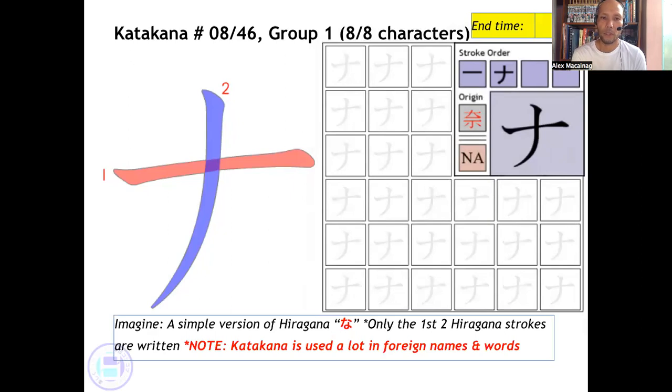This is a simple version of hiragana na. This katakana character corresponds to only the first 2 hiragana strokes of hiragana na. Ne? And again, katakana is used a lot in foreign names and words, loan words, borrowed words from other countries. Okay, that is na.